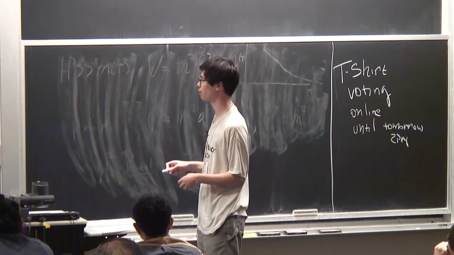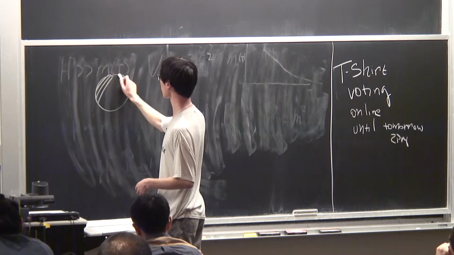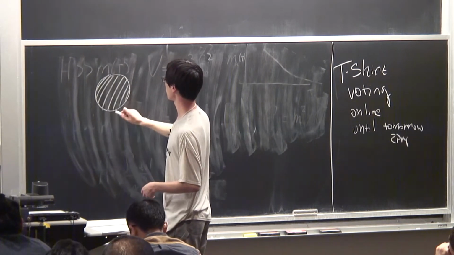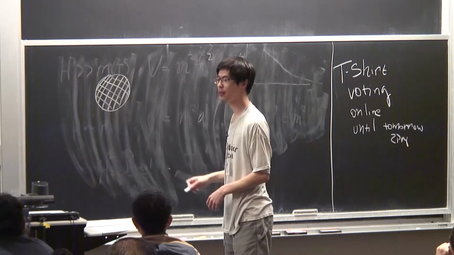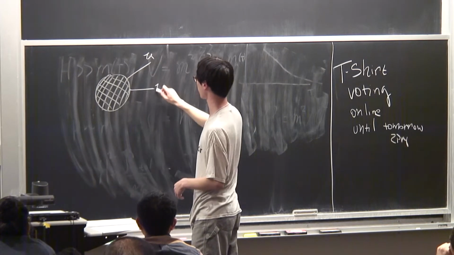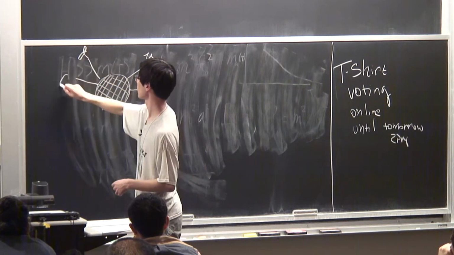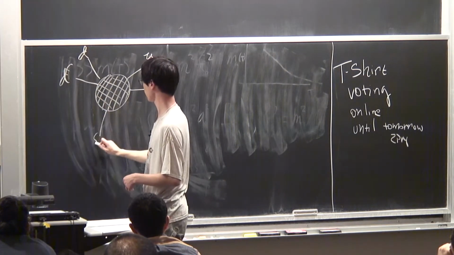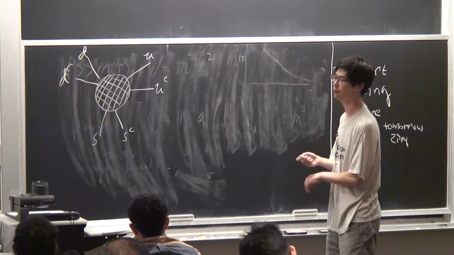So what I'm going to claim is that when you do instantons for QCD, not the Yang-Mills example I gave before, you have your instanton, which is just some blob where some stuff happens. And coming out of it are now your u conjugate, one of each type of quark: d conjugate, strange conjugate.